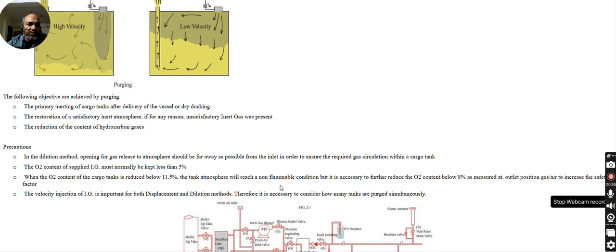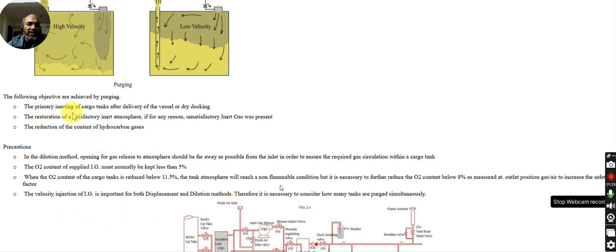But when we ingress inert gas, which is mainly nitrogen gas, the inert gas consists of around 95% nitrogen gas and 2 to 3% carbon dioxide and other gases there. So the environment becomes non-flammable.